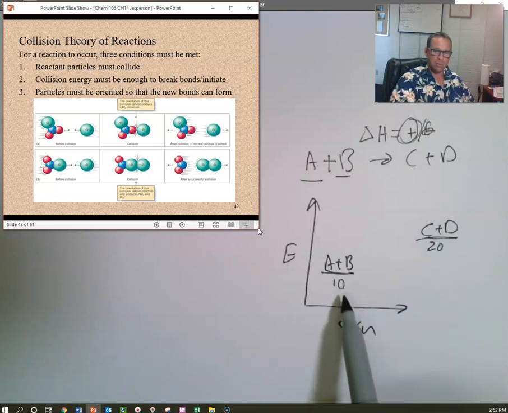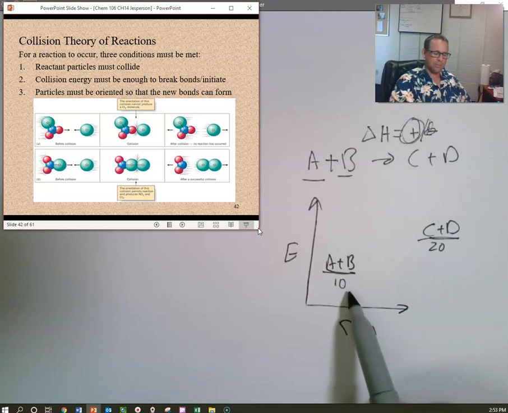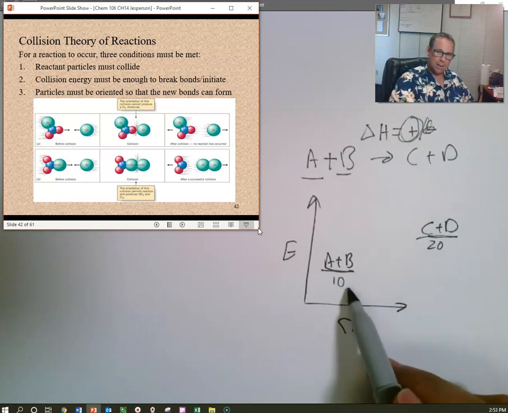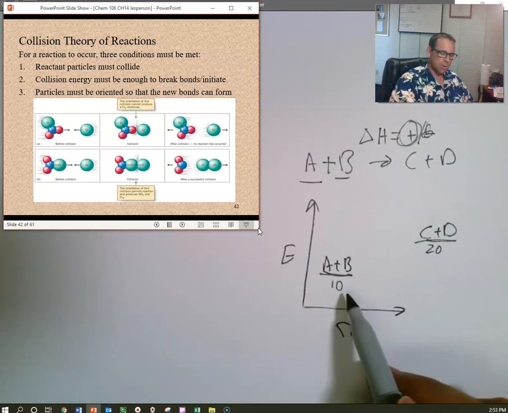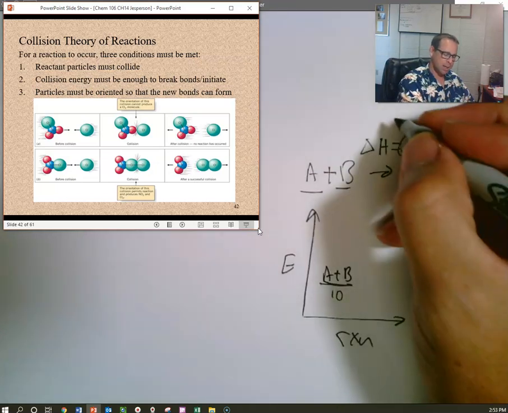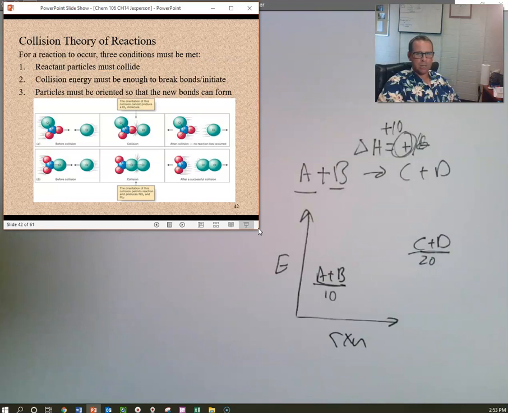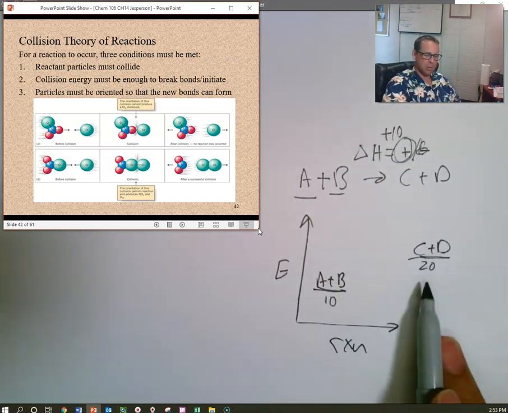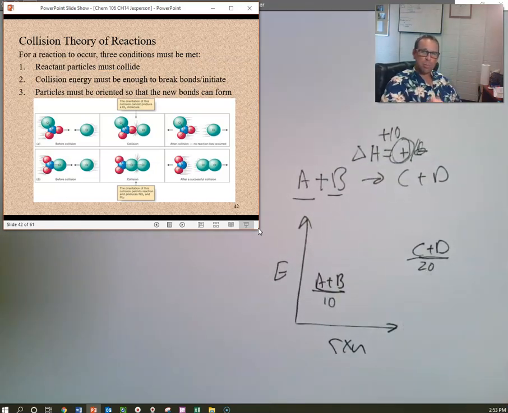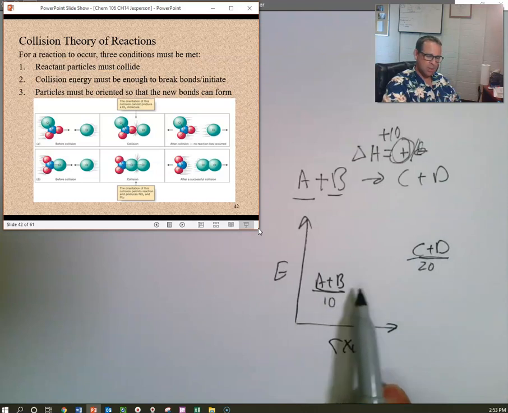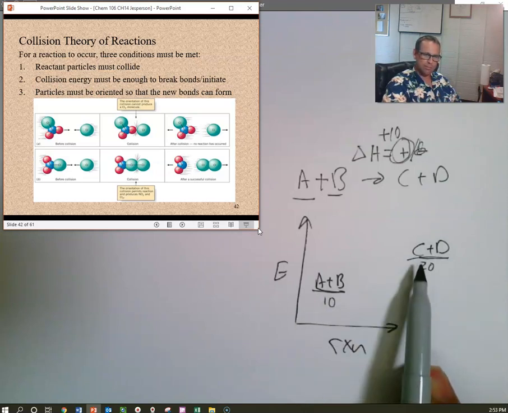Delta whatever is always products minus reactants. So 20 minus 10 would give you a positive value of plus 10, right? So that would mean that this chemical reaction is a positive value because energy was placed into the process, and that's why the products have more energy.